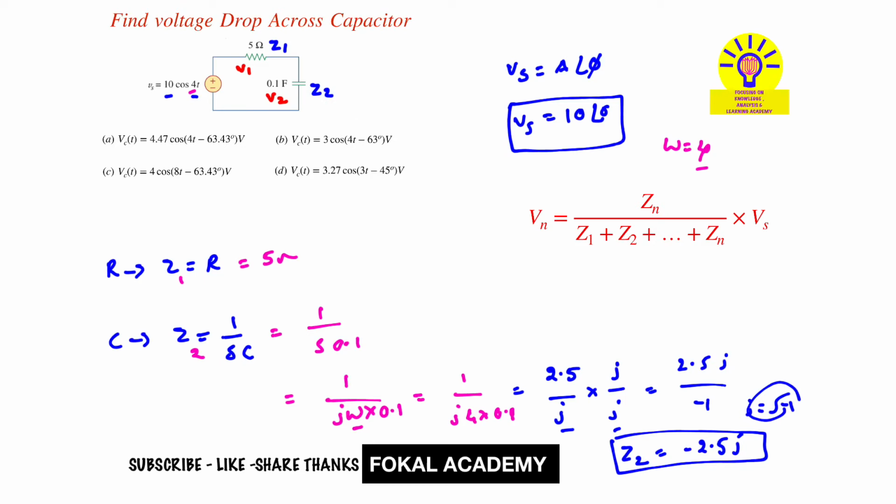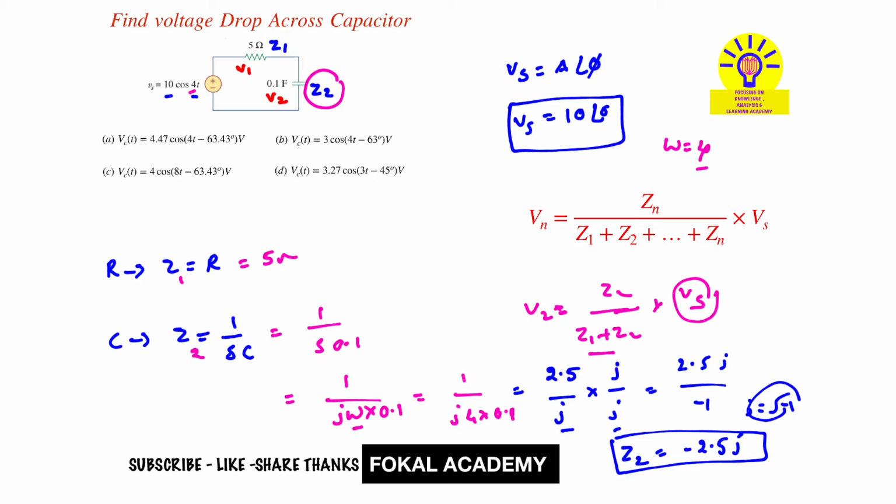So V2 equals Z2 by Z1 plus Z2 into Vs. Take the Z2 value divided by the sum of all the impedances into the source voltage. It gives the voltage drop across the capacitor.